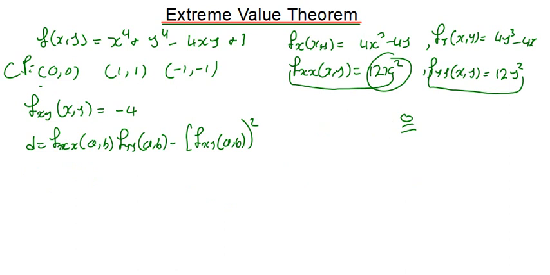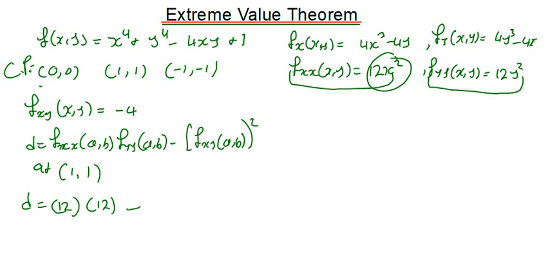So let's try to determine for the other one. Let's say at the point 1 comma 1, our discriminant is going to be, in this function, if you substitute with a 1, you're going to get 12.